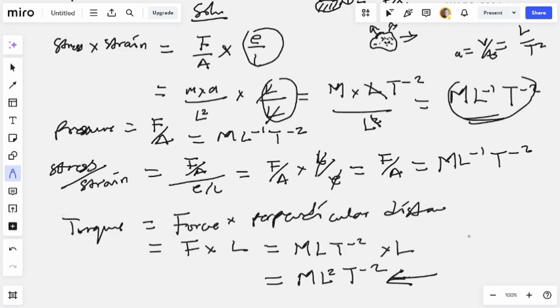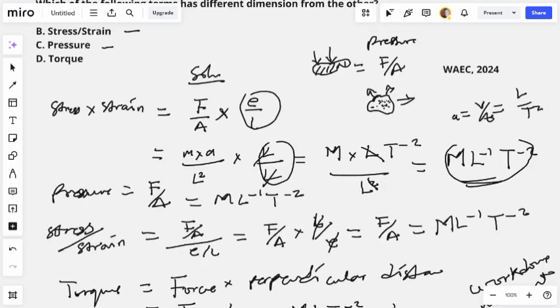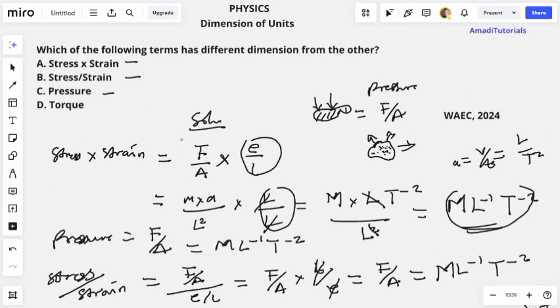And torque has the same unit as what? Work done. And also has the same unit as what? Moment. So torque is defined as the moment of a couple. So there is a tutorial on that where we'll be doing equilibrium of forces, then we look at moment. So the answer to this question is D. Thank you.